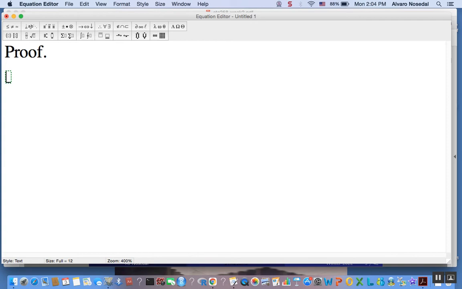So by definition, let me remind you what the definition of the MGF is. Remember that it's the expected value of a very particular transformation. We use the capital letter M to refer to the MGF.